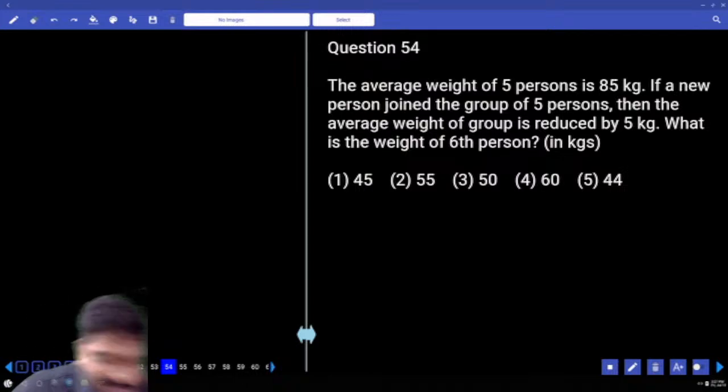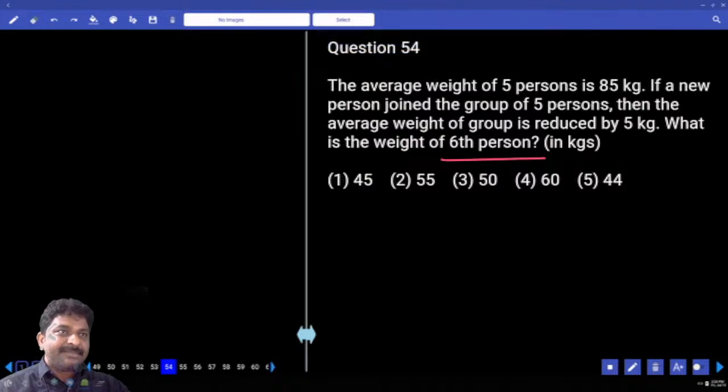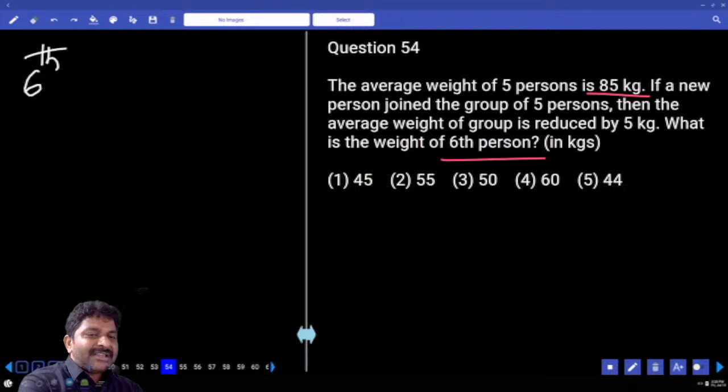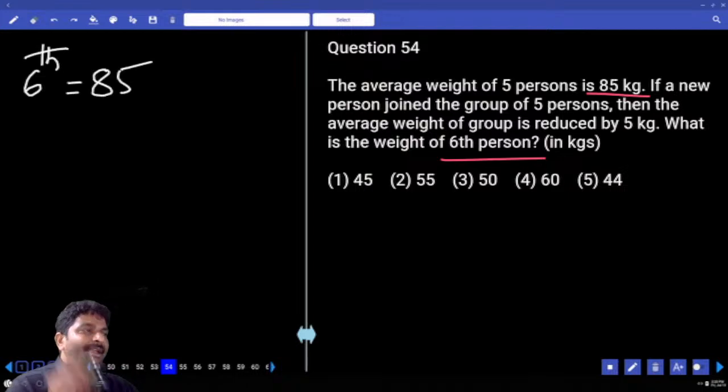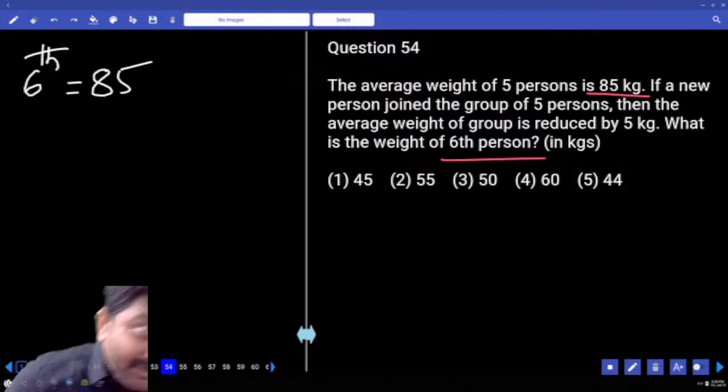The average weight of 5 persons is 85. If a new student joined the group of 5 members, how many people will be there now? 6. Then the average weight of the group is reduced by 5. What is the weight of 6th person? Avuna? What is initial average? Equality concept, I'll take 6th person weight also 85. And he is going to join a group of 5 members, right? If 6th person weight is also equal to 85, when he joins a group of 5 members whose average is 85, now how many people will be there?